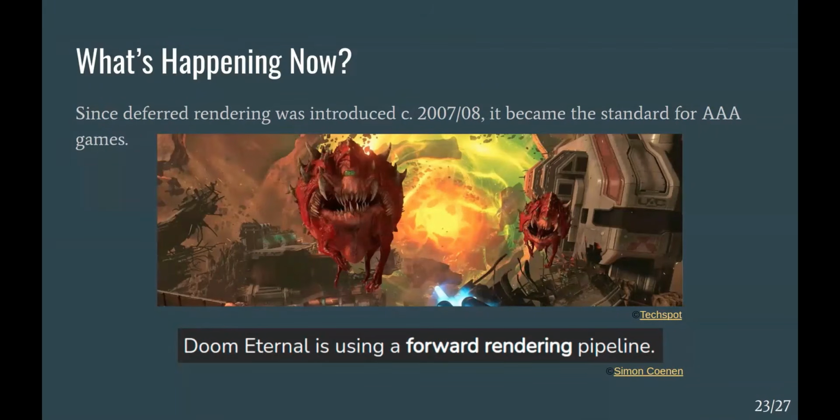The reason this change has happened is because the bottleneck has changed. In the past, when deferred rendering was developed, the bottleneck was throughput and the number of draw calls we could make. Nowadays, the bottleneck is memory. Draw calls are cheaper than ever with the introduction of very low overhead graphics APIs, for example DirectX 12 and Vulkan.